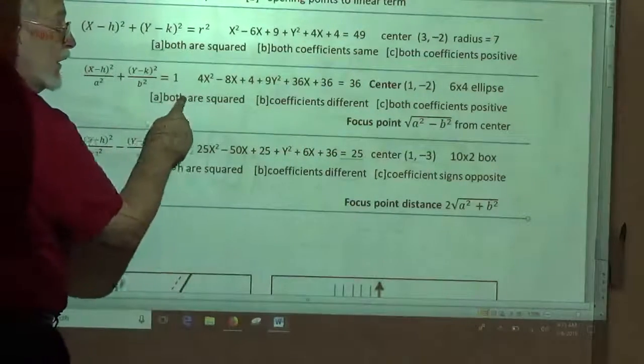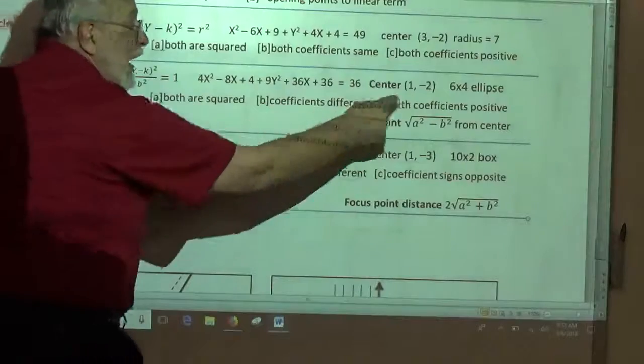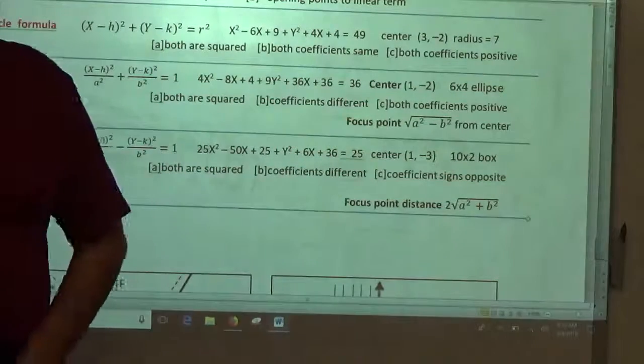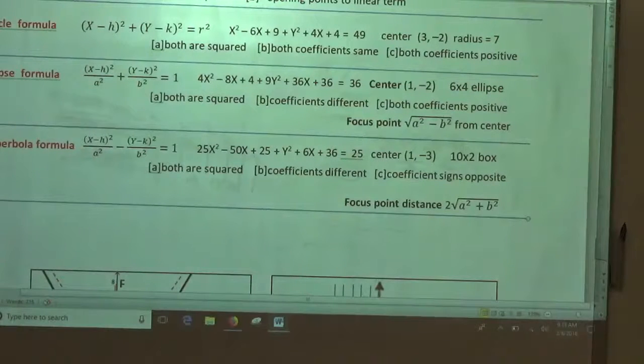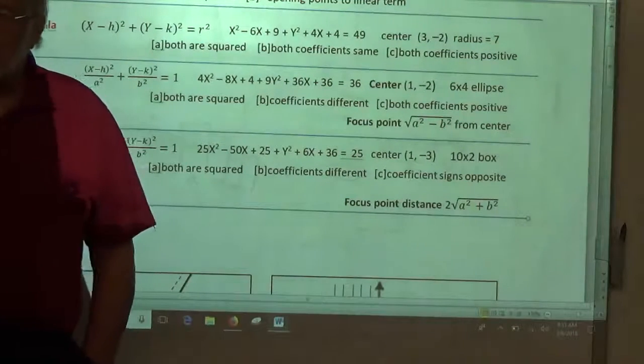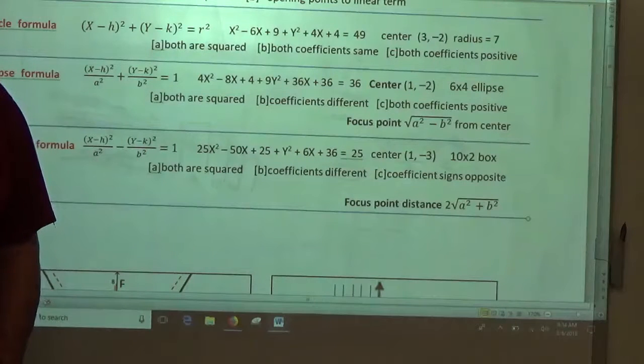Both squared, coefficients are different, and both positive, and you'll end up with an ellipse. Now, all of this right now is just information because you don't know what you're applying it to yet.